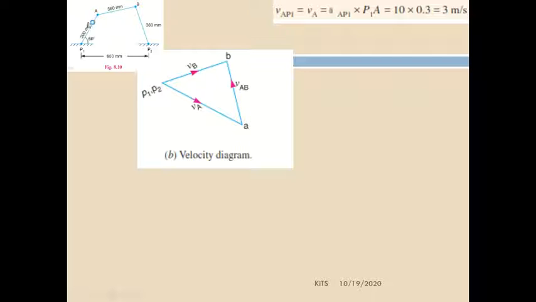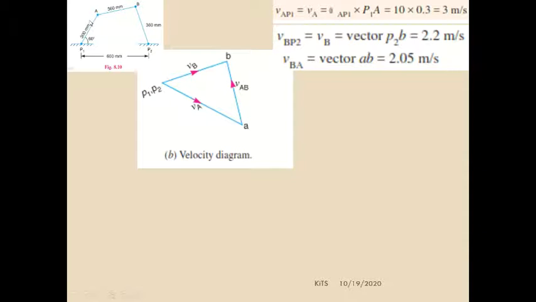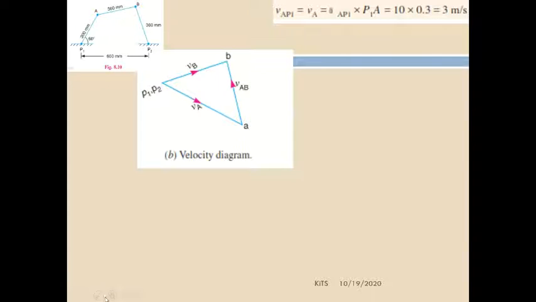Since it is in the downward direction, that is clockwise, this 3 meter per second velocity line has been drawn perpendicular to P1A.